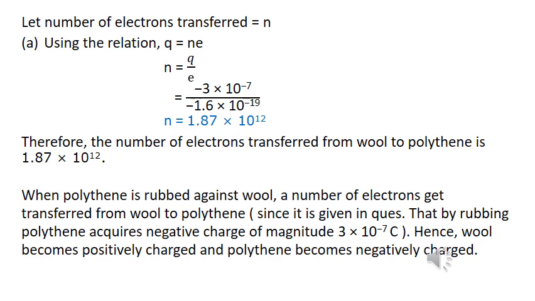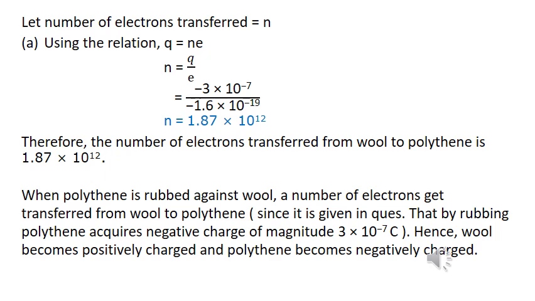In part A, we will calculate the number of electrons transferred by using quantization of charge. According to that, Q is equal to NE. So N is equal to Q by E. By putting the value of Q and E, we get the number of electrons transferred is equal to 1.87 into 10 to the power 12. Therefore, the number of electrons transferred from wool to polythene is 1.87 into 10 to the power 12.